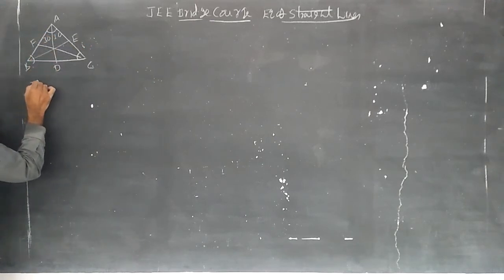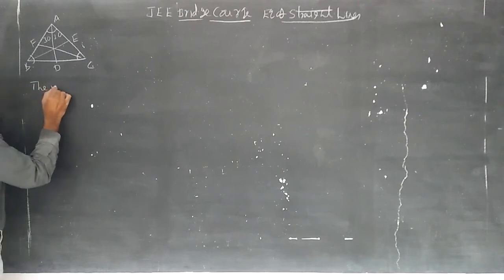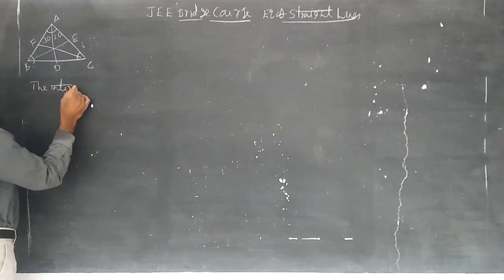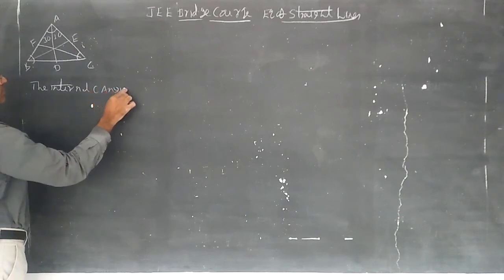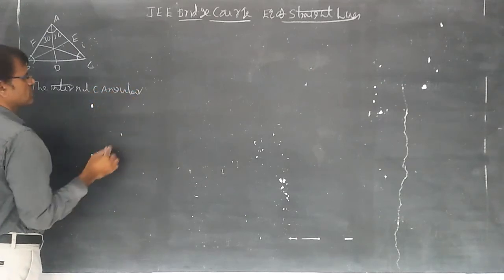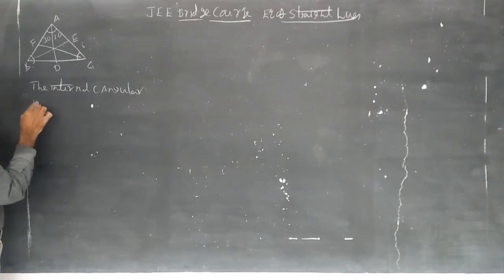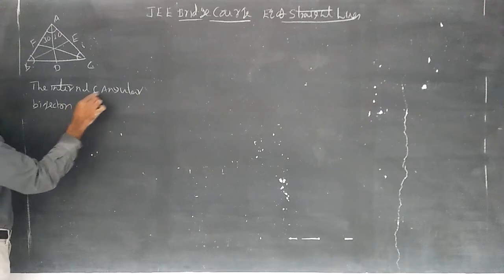So here you write, the internal or angular bisectors are concurrent.